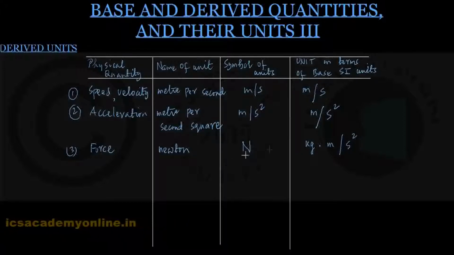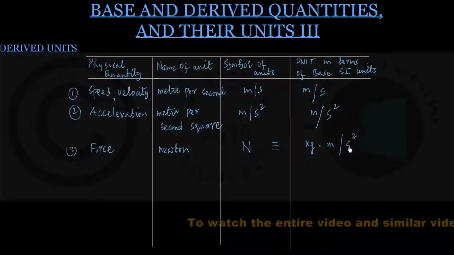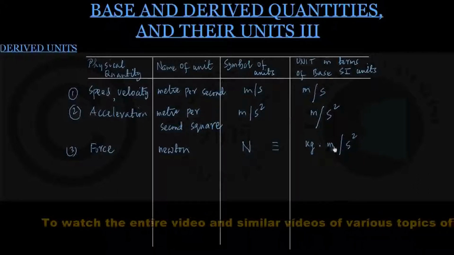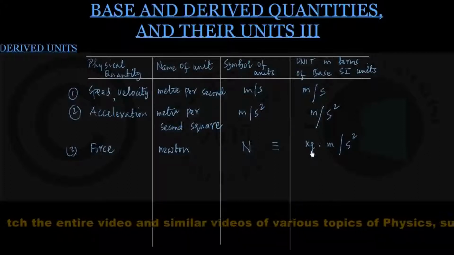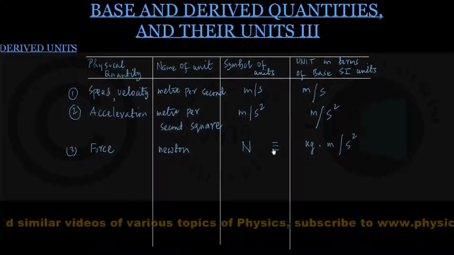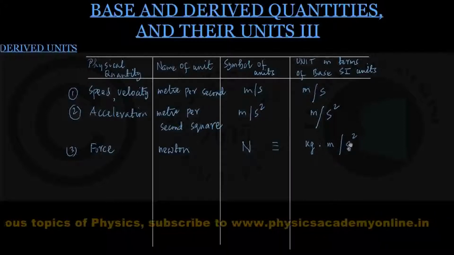So we have a chance here to see how Newton is equivalent to, same as kg, the unit of mass, that is the base unit, into meter, the base unit of length, stroke, that is divided by second square. Second is the base unit of time. So we have got here three base units, kg, meter and second, which corresponds to three base quantities, mass, length and time. And you see how we construct the unit Newton. 1 Newton means 1 kg into 1 meter divided by 1 second whole square.